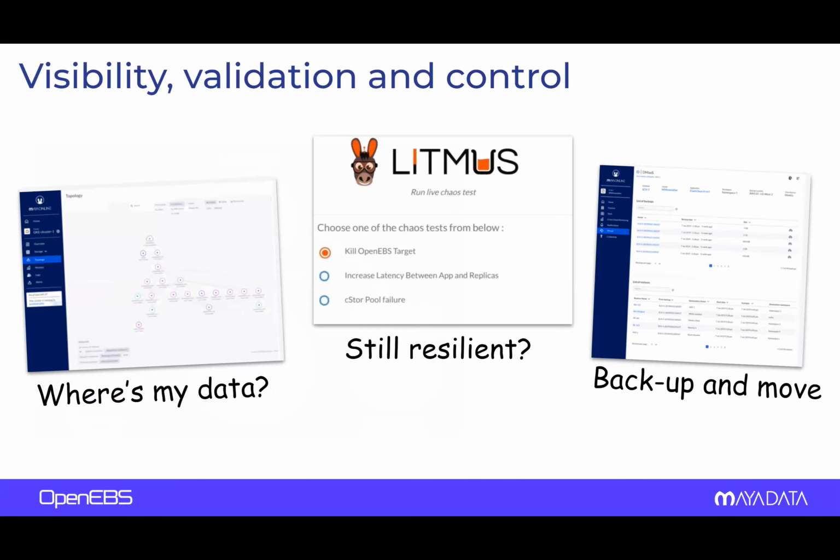With Maya Online, you get better top-down visibility from your applications down to disk level. There is a nice topology view you might be familiar with already, and you can manage the impact, maintenance, performance, pretty much all second-day data operations, where with Litmus you can inject chaos and run your E2E tests on applications.